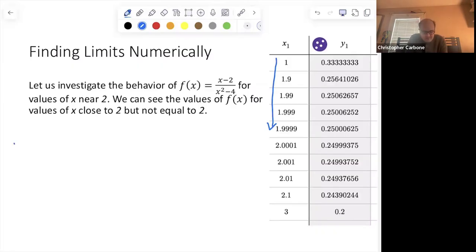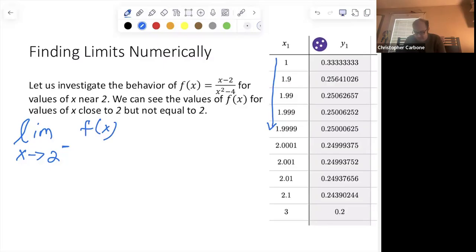So let me actually write that. This is approaching 2 from the left, which is denoted by putting, in this case, a little negative symbol, almost like an exponent near this 2, just to denote the fact this is coming from the left of our function.